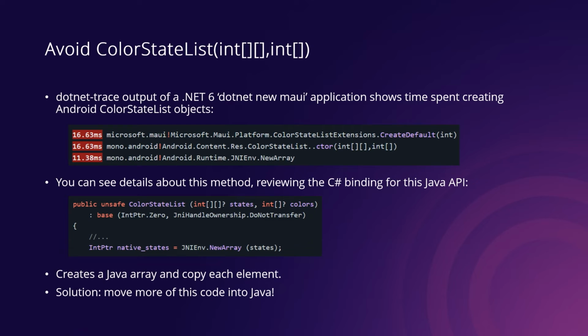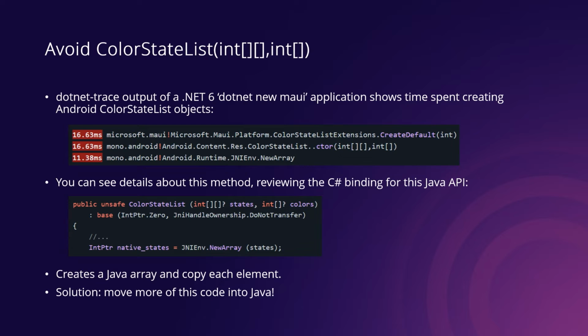Here is another change. Okay, ColorStateList. This is a change in MAUI. ColorStateList is an Android API that lets you pass, for a button for example, all the different states of that button and what colors things are. This is obviously useful for MAUI, because it needs to change the colors of all the states on a button.